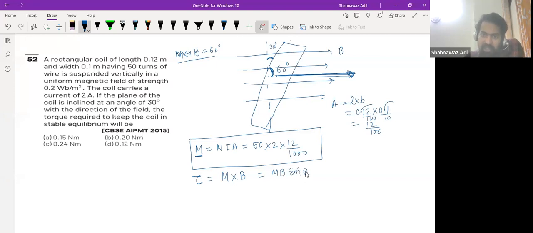We know what theta is. M we have calculated. B is 0.2 Weber per meter square, and then we have sine of 60.